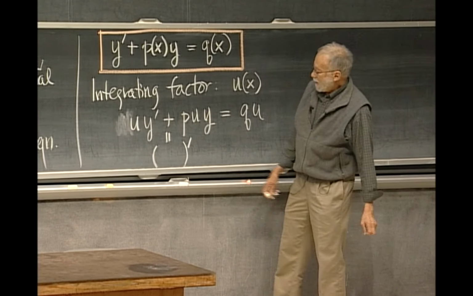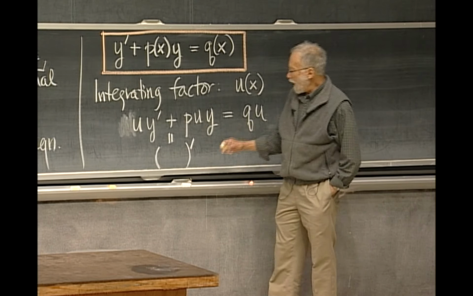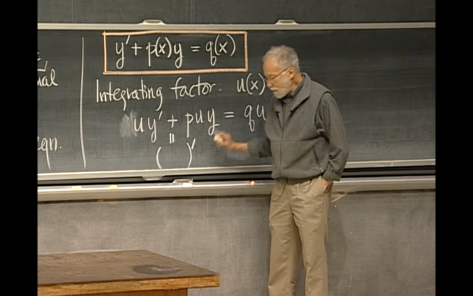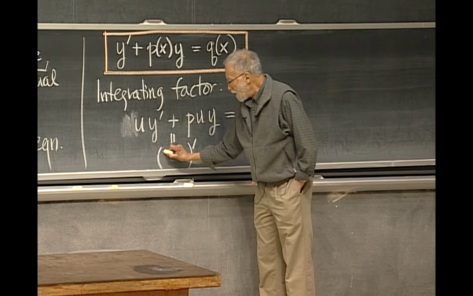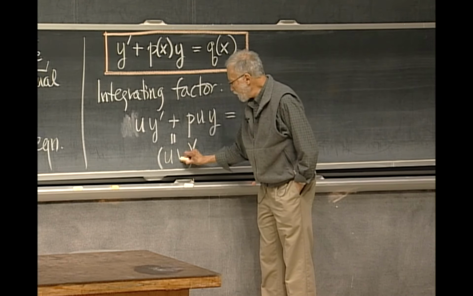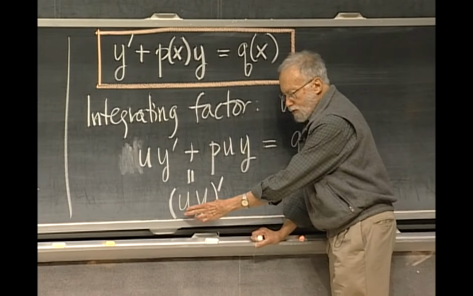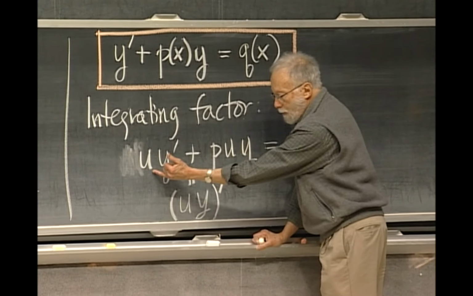Now, the only question is, what should I choose for u? Well, if you think of the product formula, there might be many things to try here, but there's only one reasonable thing to try: pick u so that the left side is the derivative of u times y. See how reasonable that is. If I use the product rule on this, the first term is u times y prime.